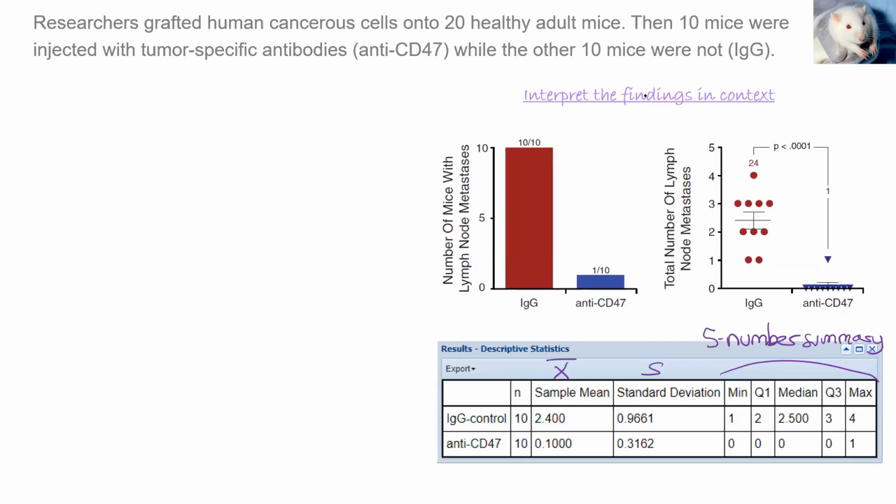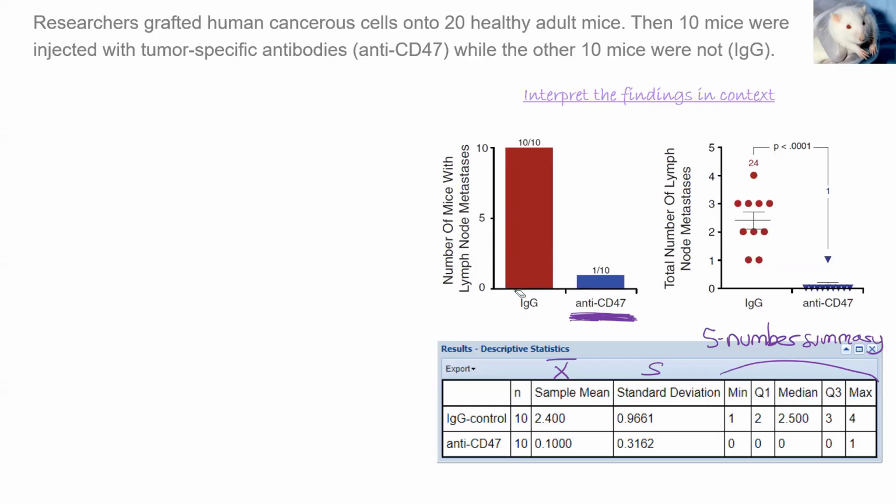We can now interpret the findings of this study in context. So first of all, this is an experiment where the individuals were randomly assigned to those conditions. And what this experiment found was that the mice that received the tumor-specific antibody fared a lot better than the mice who received the control.